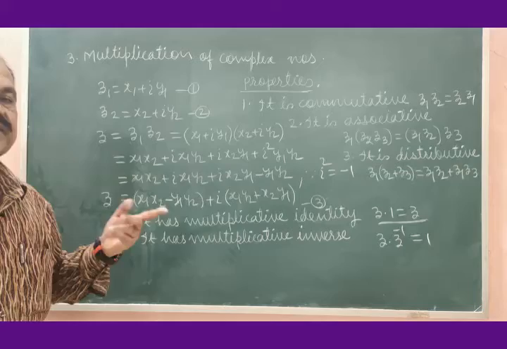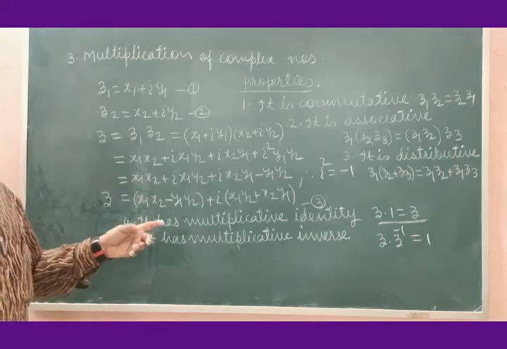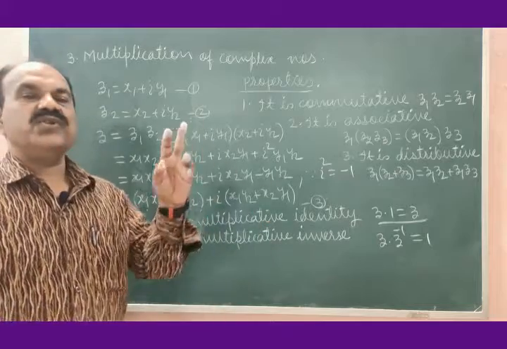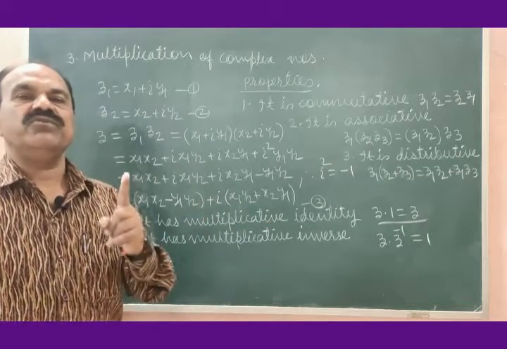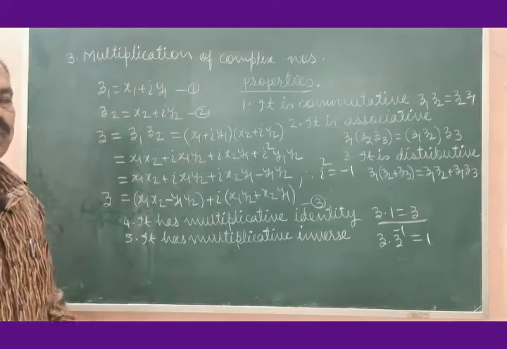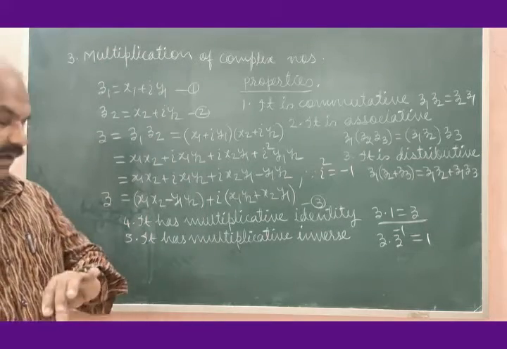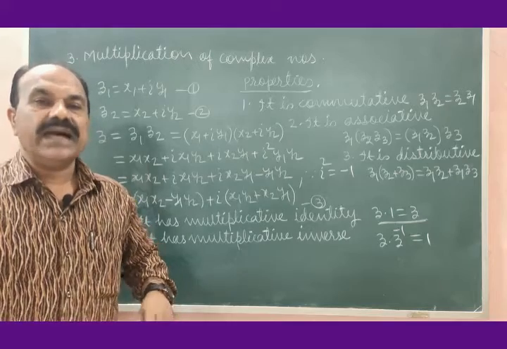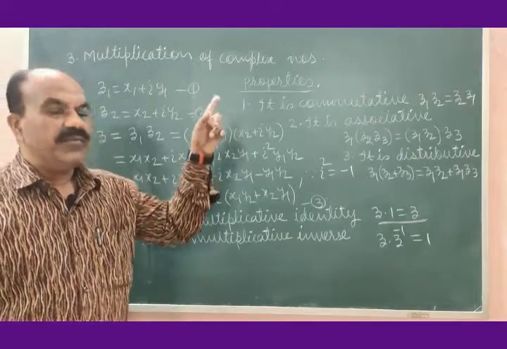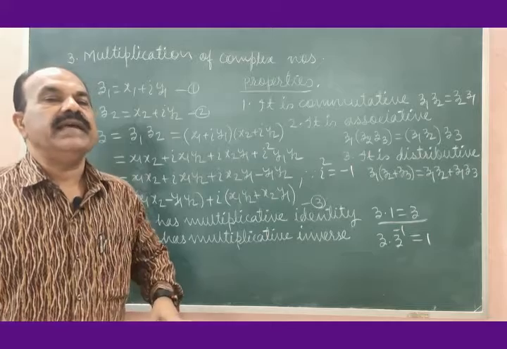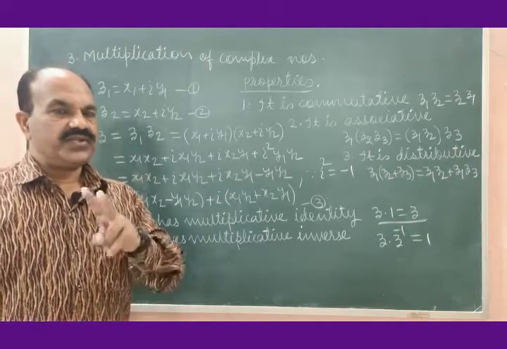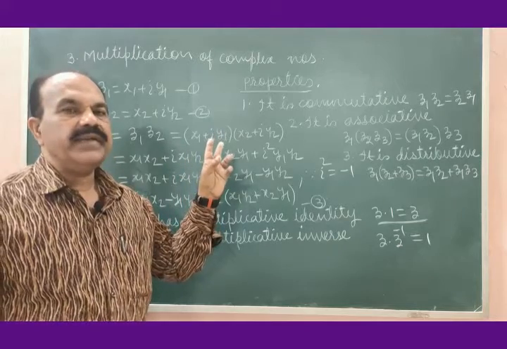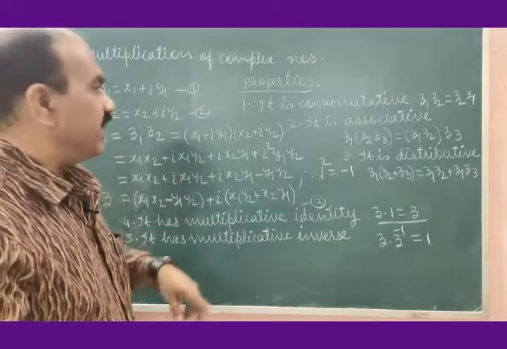If Z is a complex number, its multiplicative inverse is Z to the power minus 1 and product of these two is always equal to 1. This is about the multiplication of complex numbers and properties of multiplication. Let us go through two problems on multiplication of complex numbers quickly.